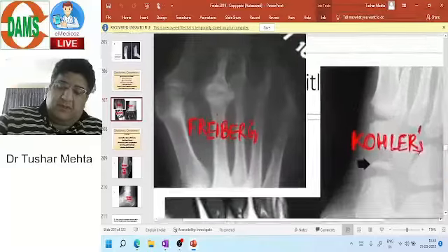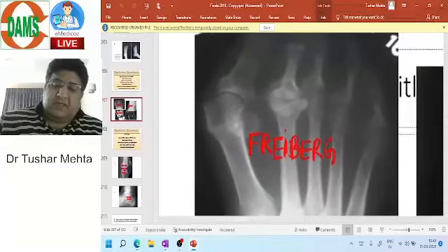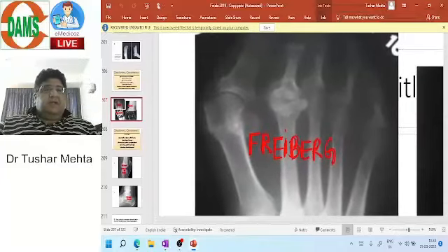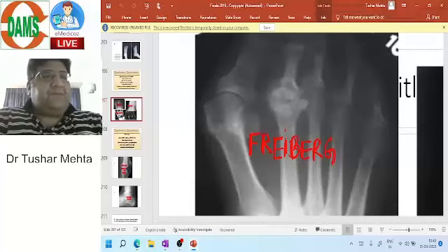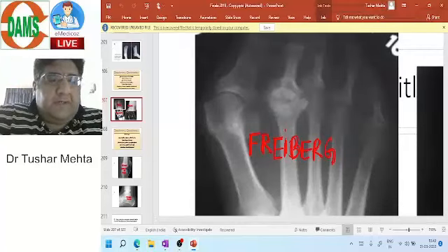So if you see this, the second metatarsal head is crushed. The blood supply is crushed, if you can see. Can you all see that?